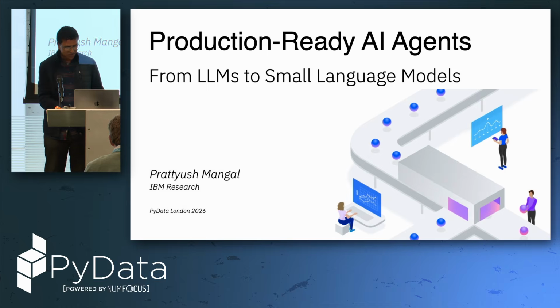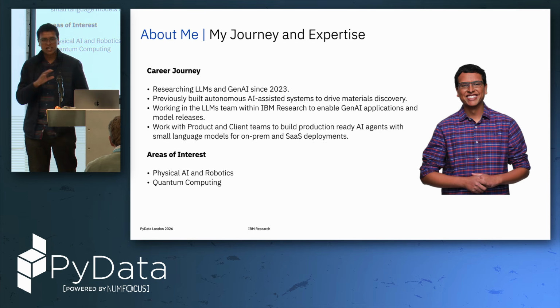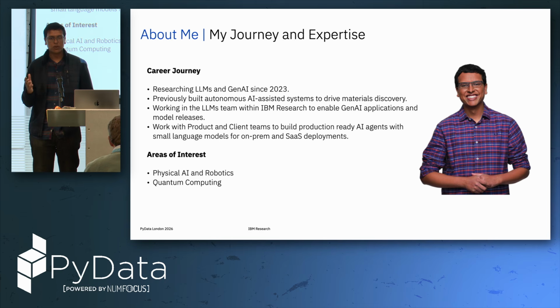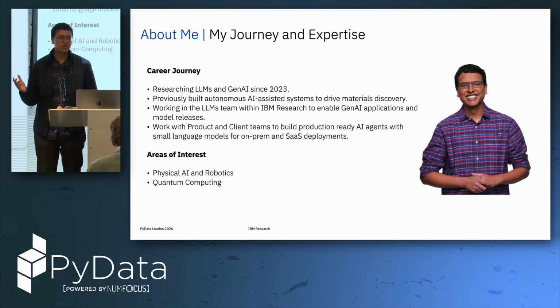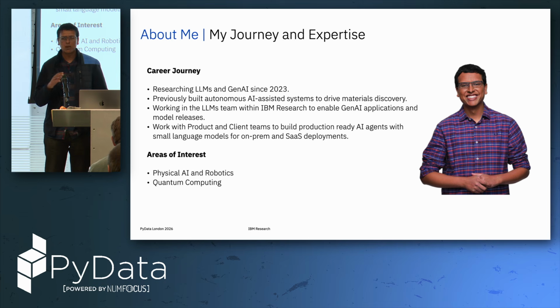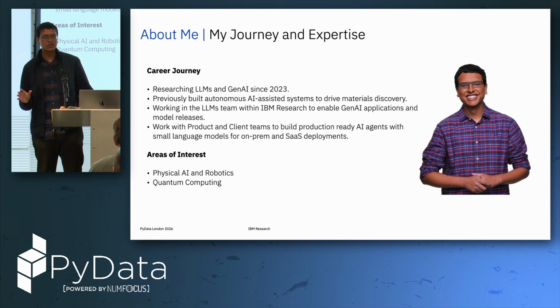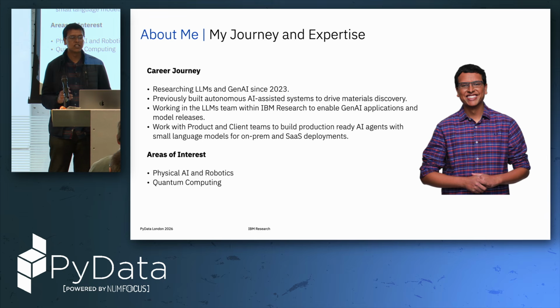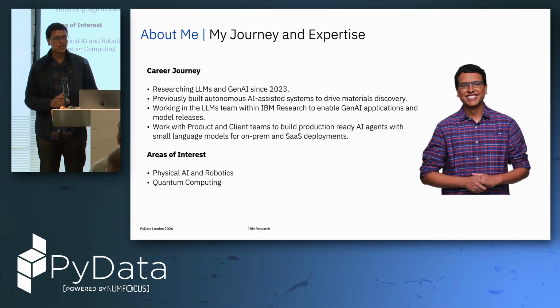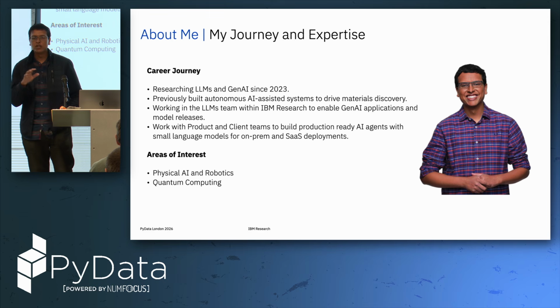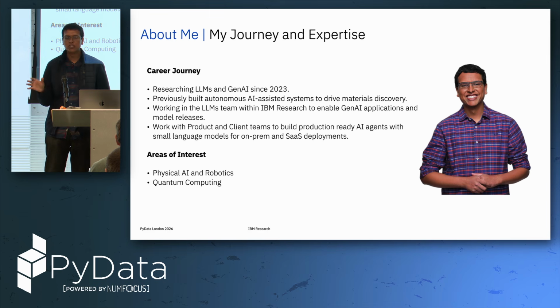Before I get into some of the specifics, a little bit about me and what enables me to talk about this topic today. I've built production-ready cloud applications, being in IBM software for a few years. About 3 years ago, I moved into research, looking at LLMs and agentic AI applications. And about a year ago, I joined the IBM Granite team, which is the family of generative AI models from IBM Research.